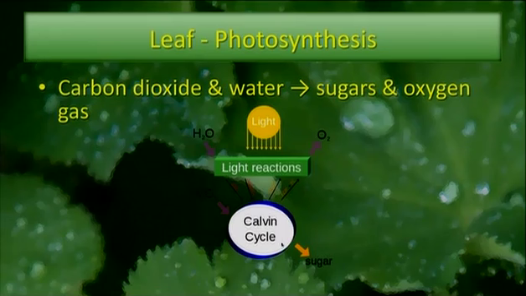So we've seen this little image before, right? See here, water is split by light in the light reactions, gives us oxygen gas, okay? Generates ATP and NADPH, okay, nicotinamide adenine dinucleotide phosphate, or reduced nicotinamide adenine dinucleotide phosphate.